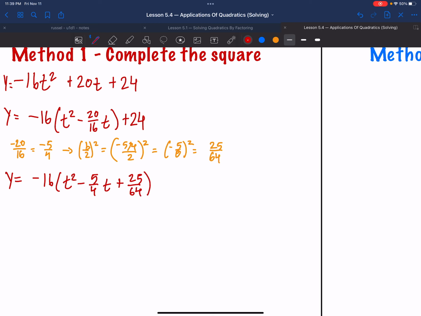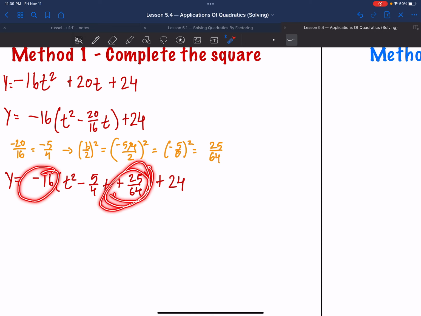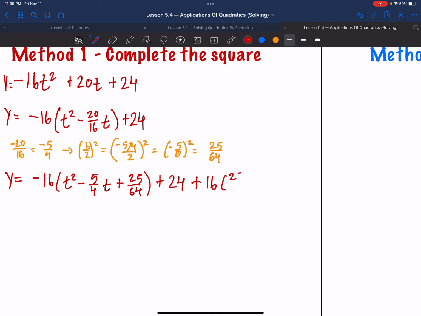And then plus 24. And I have to be careful here because I've multiplied negative 16 with this, so I need to add 16 times 25 over 64. Now this is just some arithmetic here. This is a perfect square trinomial. Every time, always a perfect square trinomial. So you can factor this pretty easily if you know you can think of it two ways.